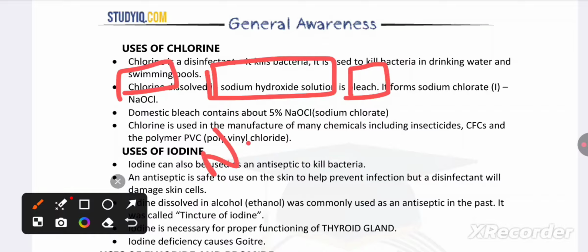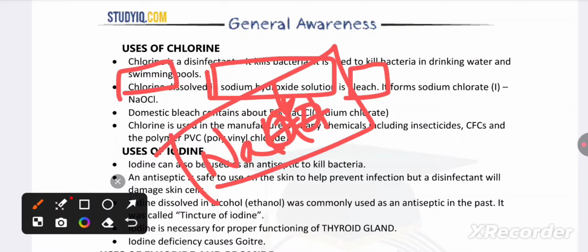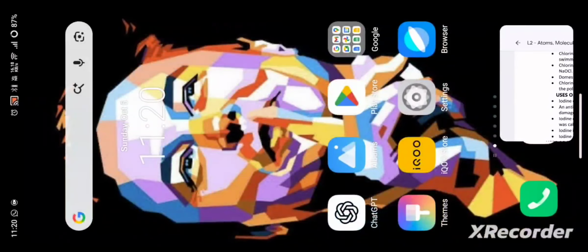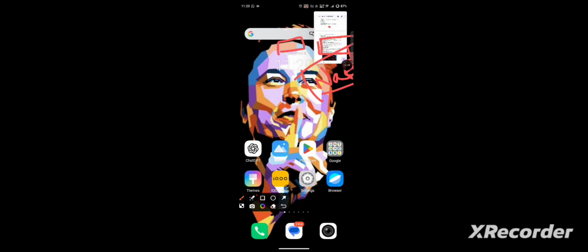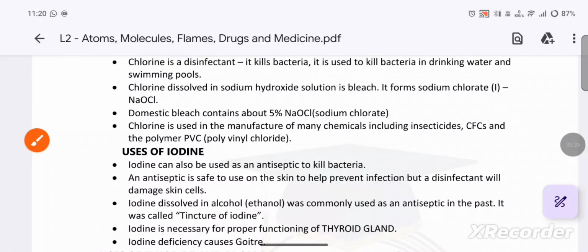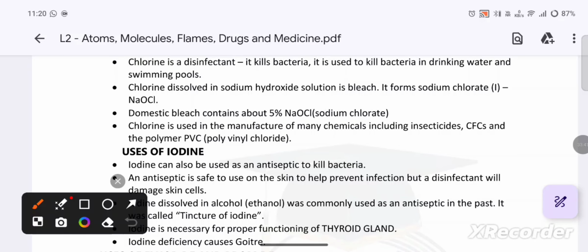Sodium hydroxide, NaOH, plus chlorine forms NaOCl.